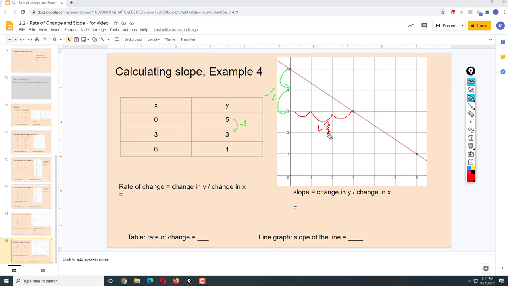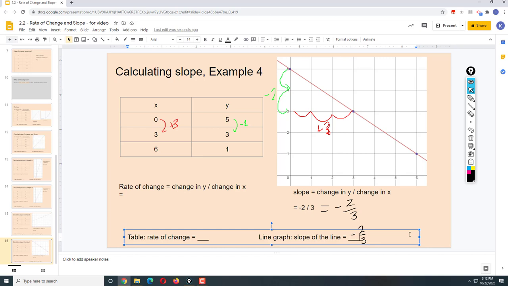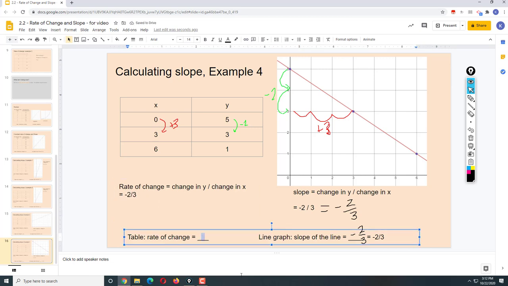X is still increasing by 3. So the change in y must be negative 2. The change in x must be 3. So the slope, we would say, is negative 2 over 3. The rate of change in the table is the same as negative 2 over 3. Okay, that's it.